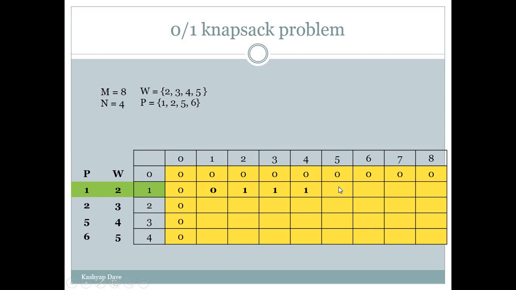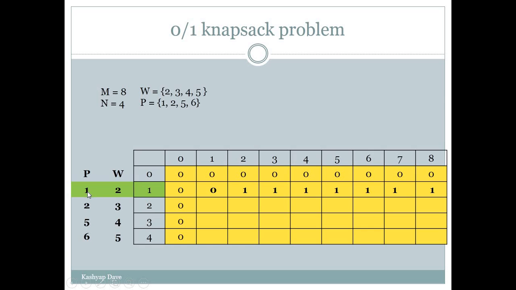For 5, our capacity is 5, but our weight is 2, so profit will be 1 again. For 6, 7 and 8, our profit will be 1. Why? Because our capacity is 8, but we have only weight 2, and with that weight 2 we can get only 1 profit.